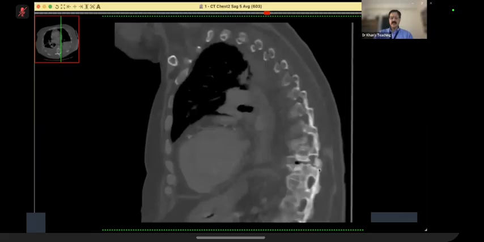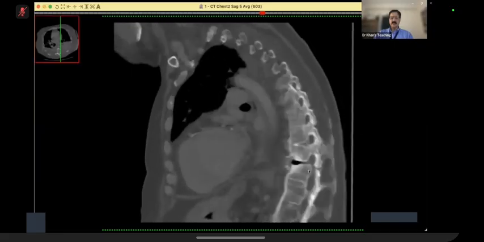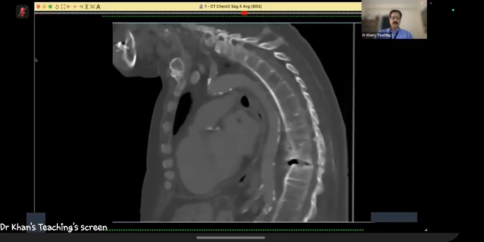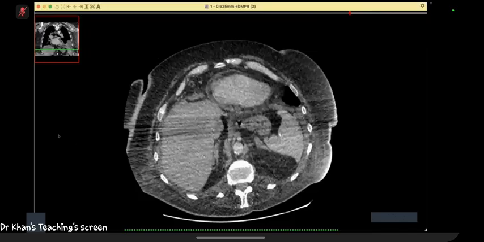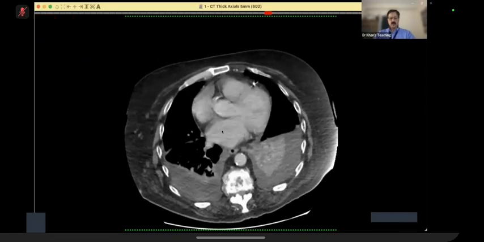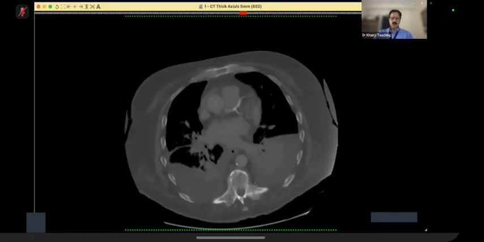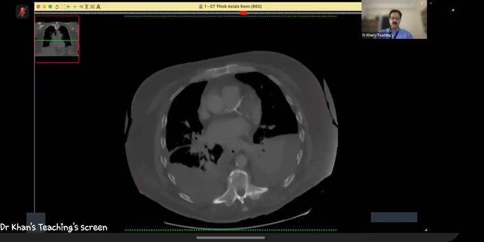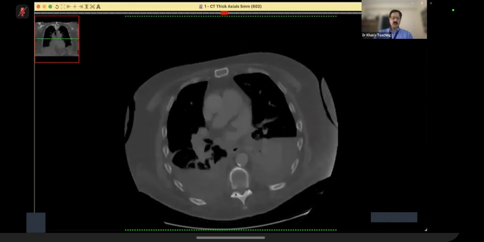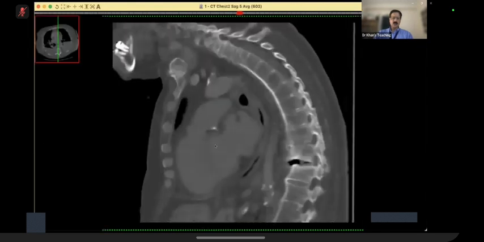And otherwise, if you see the costovertebral joints, as I actually asked on the axial also, which can happen in the exam also. Let me go through the costovertebral joints once again. So these are the costovertebral joints, and you can see the ankylosis there. So you have to develop your eyes on this one also, that the costovertebral joints are also involved.